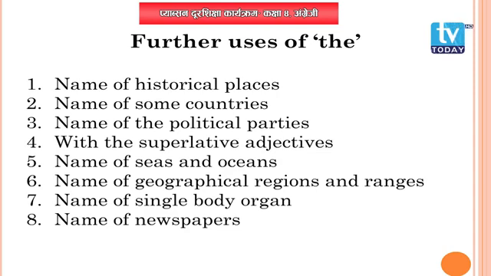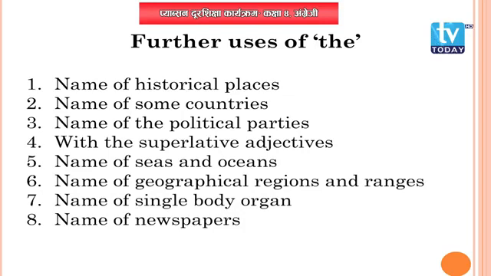Similarly, we have lots of mountain ranges, and in front of those mountain ranges also we have to write the article the: the Himalayan ranges. So that is what we can use to make it specified.